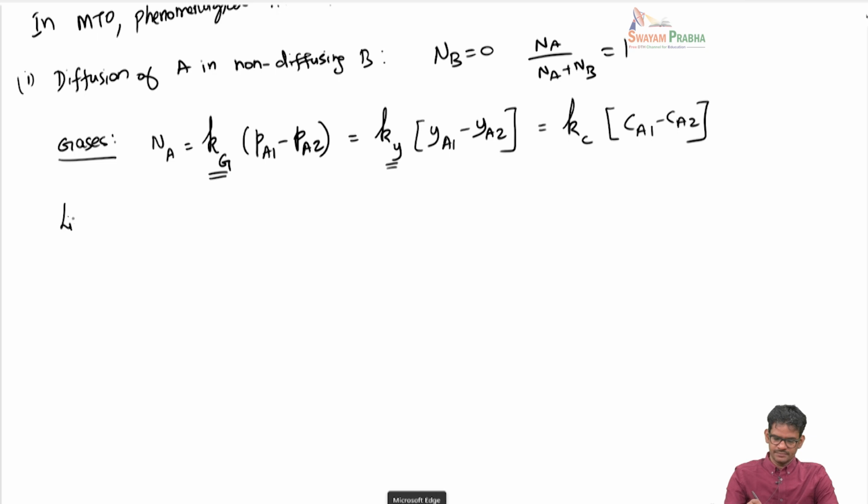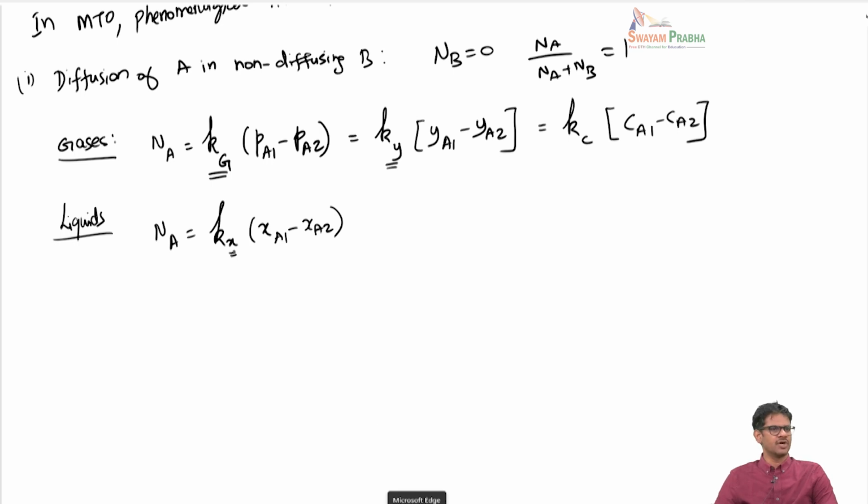And for liquids, we write Na is equal to Kx times Xa1 minus Xa2. Here X is reserved for liquid phase composition or liquid phase mass transfer. X is the mole fraction of species A in a liquid mixture, and this is the corresponding mass transfer coefficient, small kx. You can see I am using a unique set of mass transfer coefficients depending upon the driving force expressed in different units.